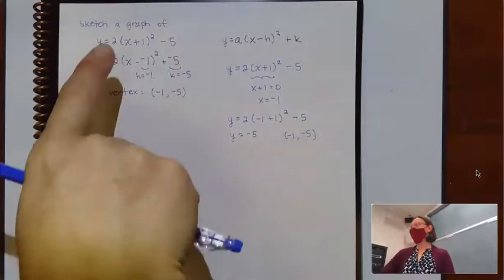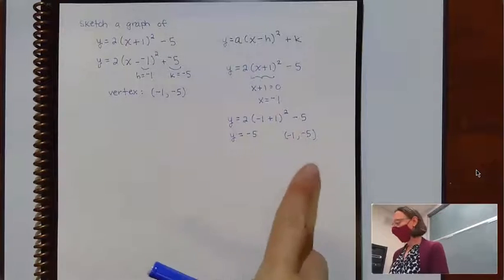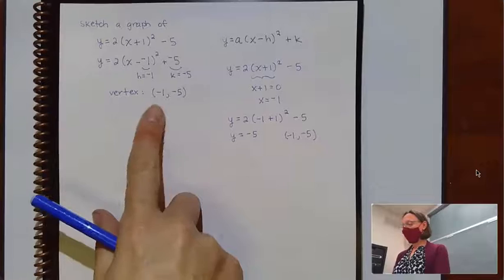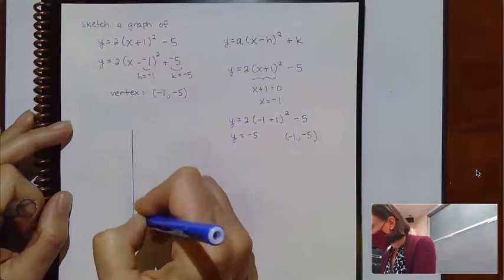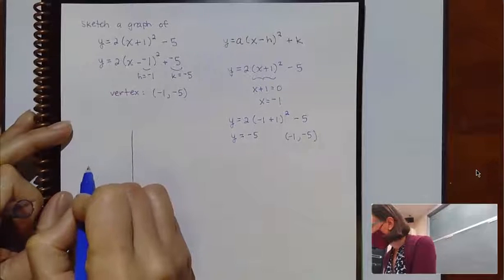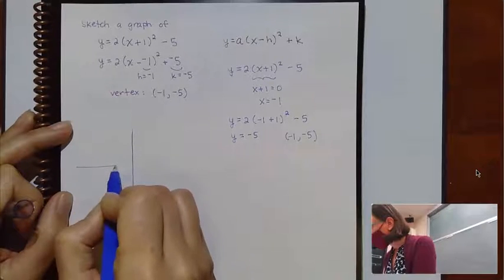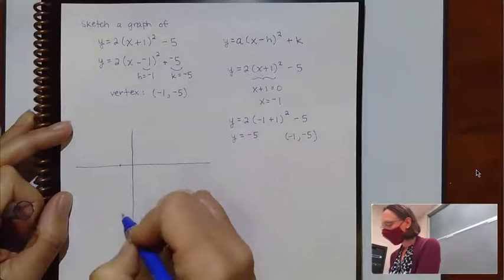Now let's get back to sketching this graph. So to sketch the graph, I'm going to place a point at my vertex. So let me get my graph here. I'm going to go 1 to the left and then down 5.